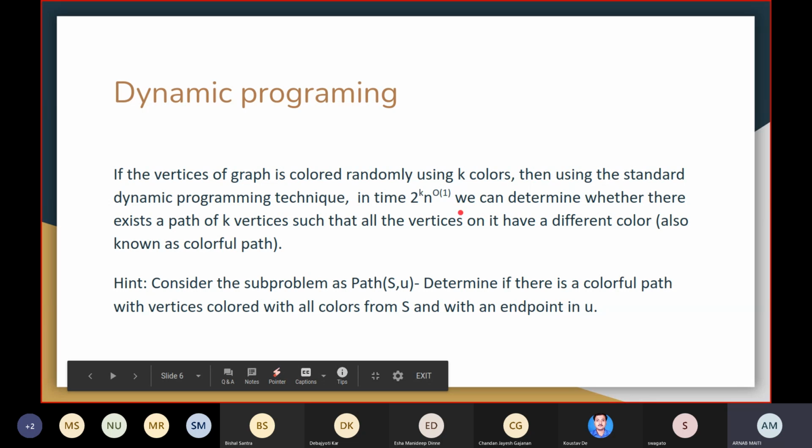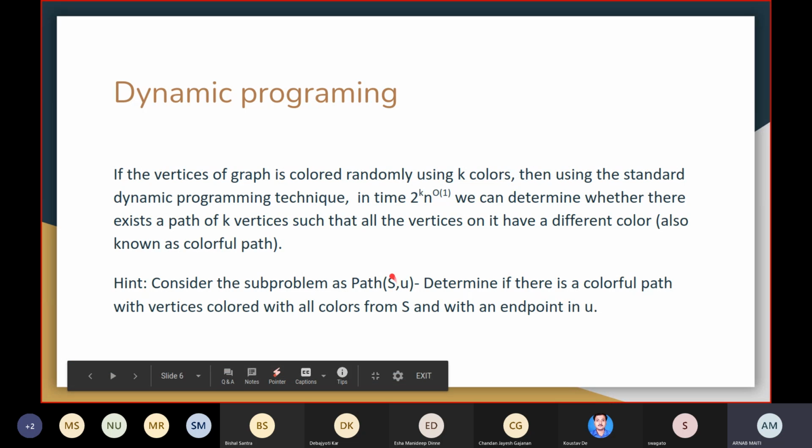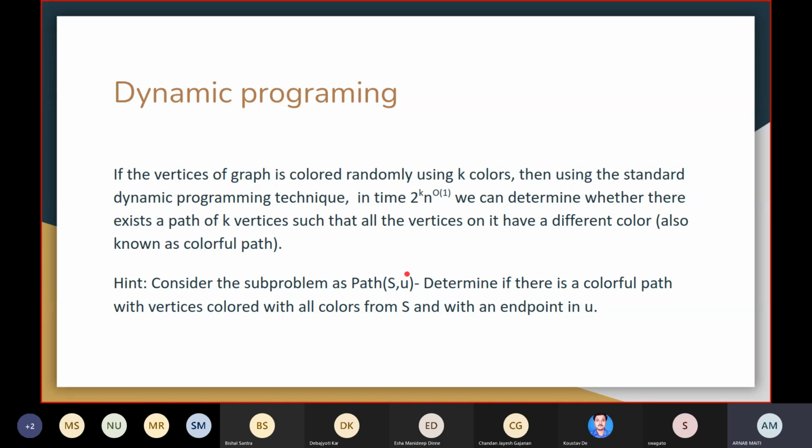The 2 to the power k is coming because the number of sets S can be 2 to the power k, so that many subproblems will be there. So we can solve it quickly. This is the idea of dynamic programming.